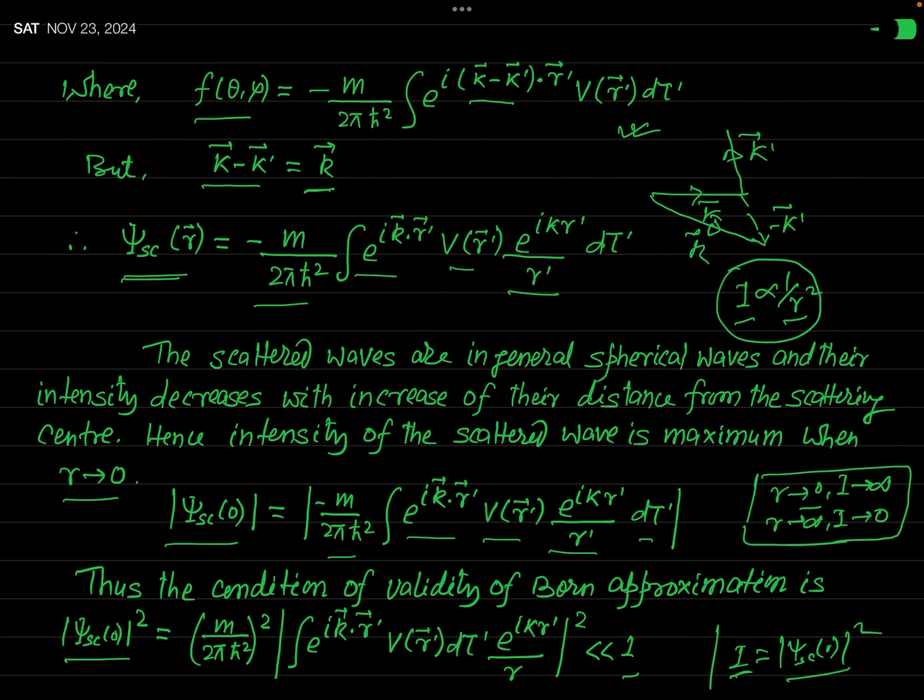But what is the value of this square of the modulus of psi sc 0? Psi sc 0 is defined here. Now let us take its square. So this will be m over 2 pi h bar square whole square times the square of the modulus of integral e to the power i kappa dot r dash v of r dash d gamma dash times e to the power i k r dash over r.